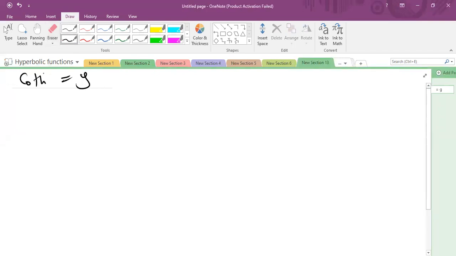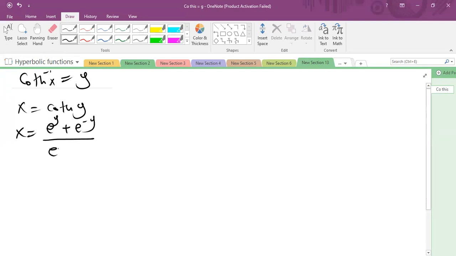So cot hyperbolic inverse of x, let's say it equals y, will give us x is equal to cot hyperbolic of y. Writing this in its exponential form, cot is basically the same as cosh over sinh. So this will be e^y plus e^(-y) over e^y minus e^(-y).